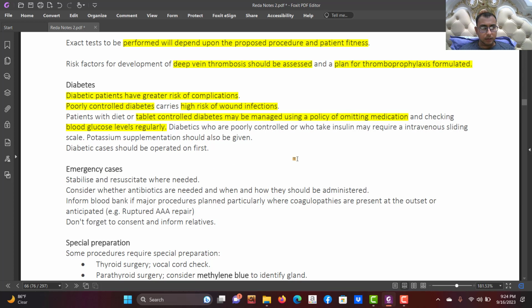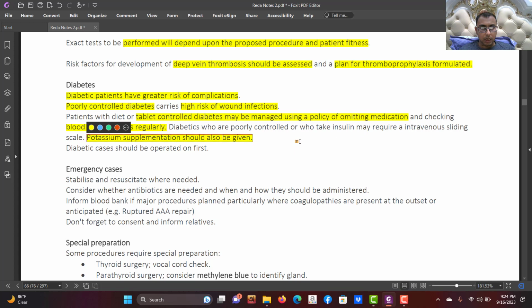So diabetics who are poorly controlled or who take insulin may require an intravenous sliding scale. Potassium supplementation should also begin, because insulin is a substance which helps to take potassium into the cells.